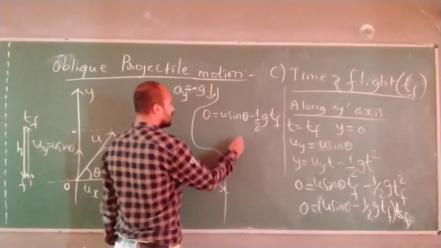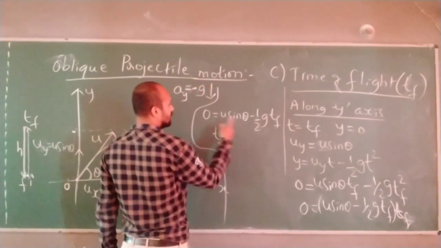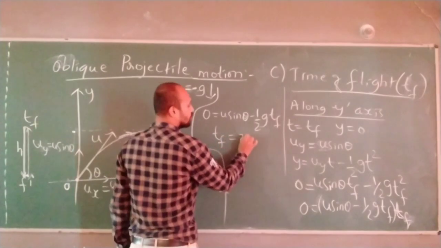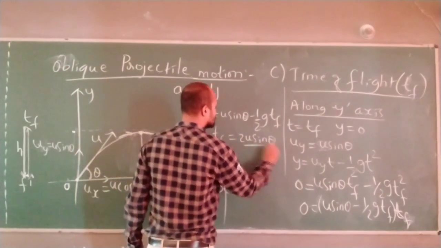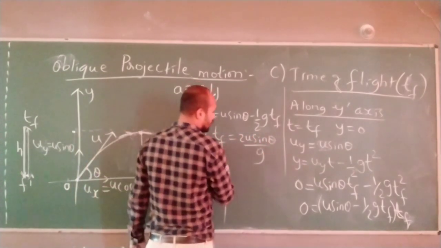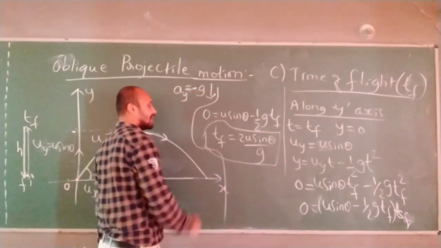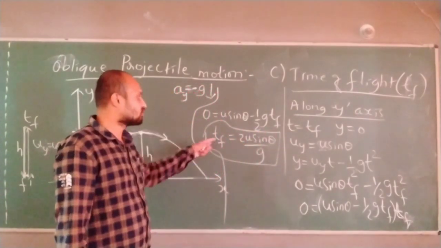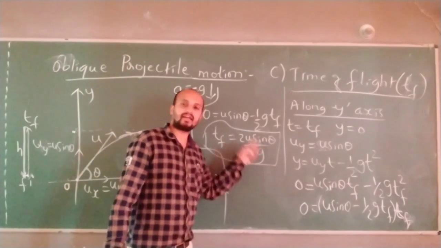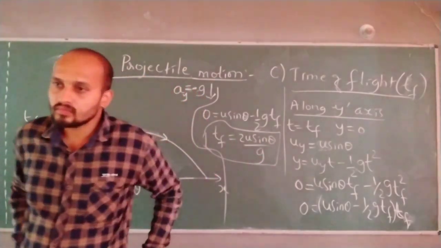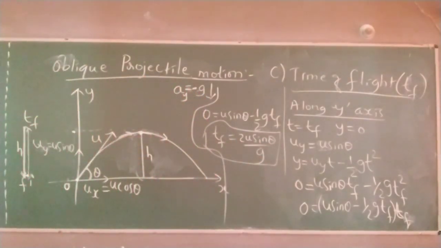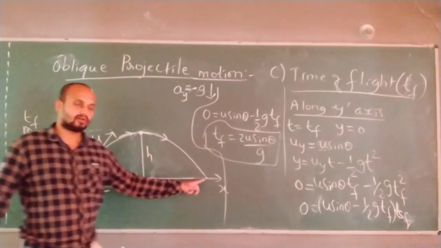Got it now? Or tf will be equal to 2u sin theta by g. This is one of the important relations. What is the total time of a projectile to travel? So tf is equal to 2u sin theta by g. Got it? That is the time of flight of a projectile to travel from this point to this point.